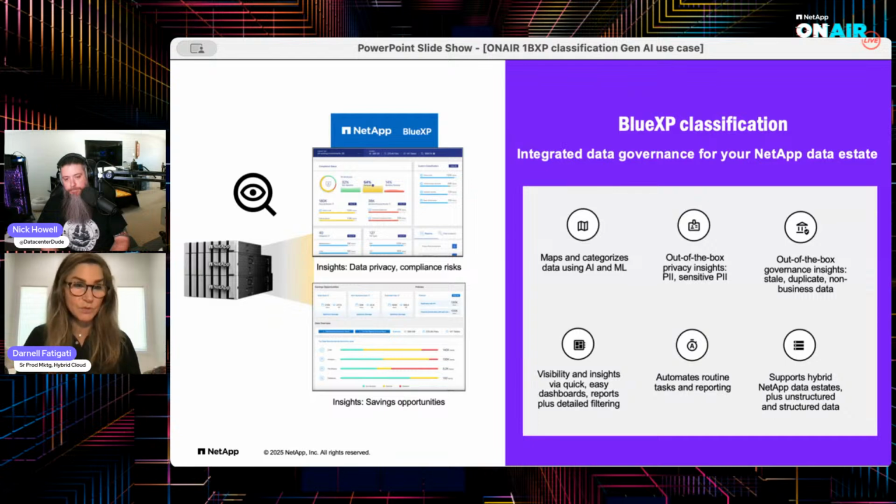Well, your NetApp. So this scans data within your NetApp estate, right? So you've got some on-prem, you've got some in the cloud. You can configure all of those, and you'll get it pulled together into this dashboard and see it all together.